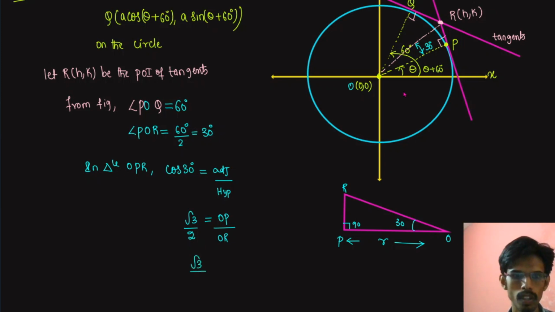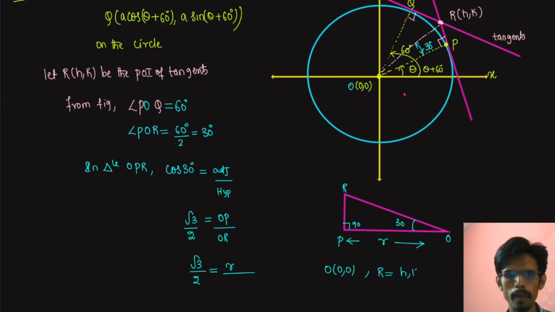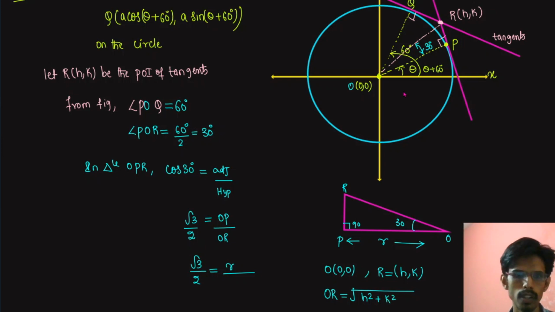So root 3 by 2 is equal to the radius upon OR. O is the origin 0, 0 and R is the point h, k. So OR is the distance between these two points, that will be root over h square plus k square.